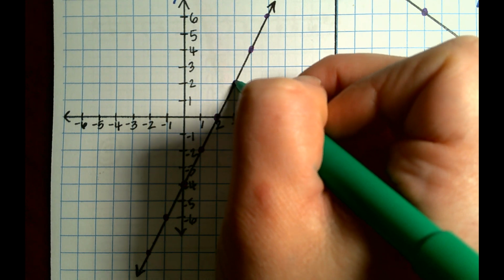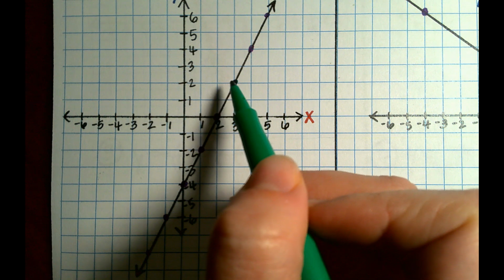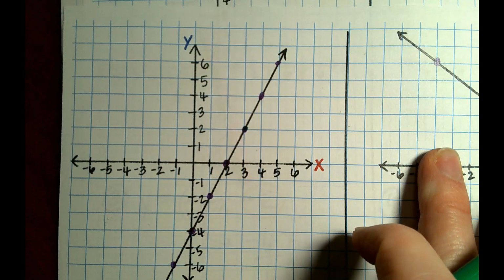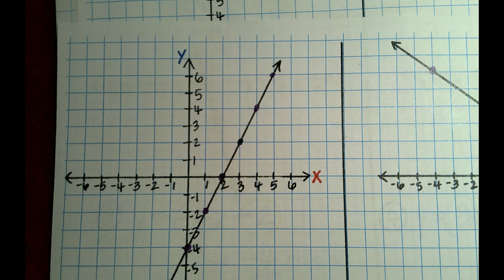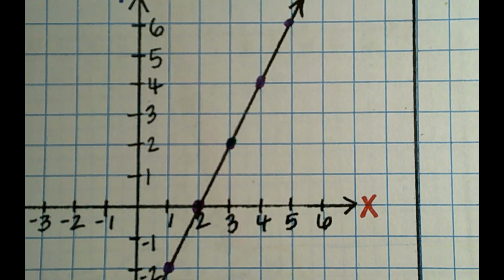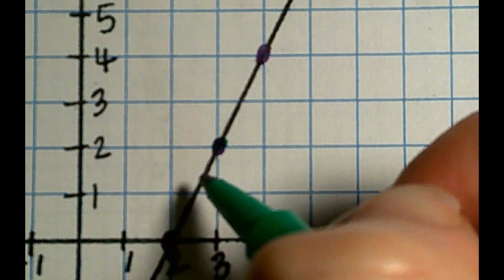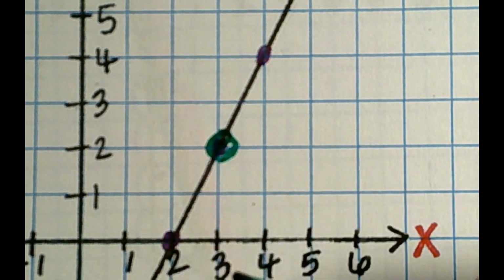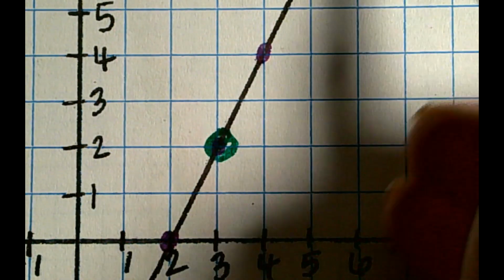So from this point, all we need to do is count our rise and our run to the next point on the graph. So I'm going to zoom in real close and show you exactly what's going on here. I want to see the difference between this point and the next one that shows up, which is here.